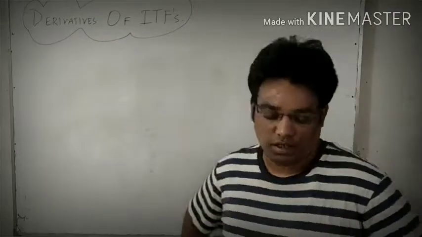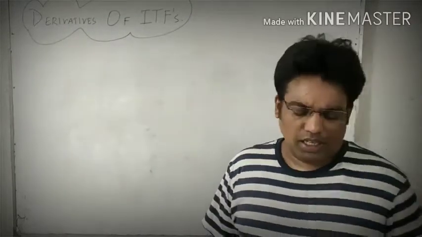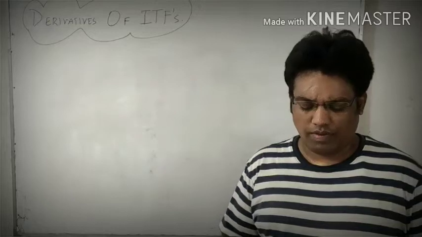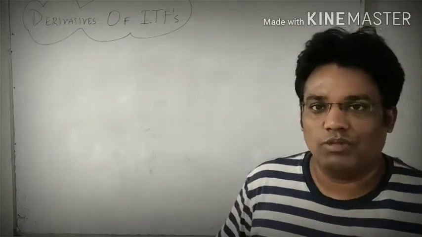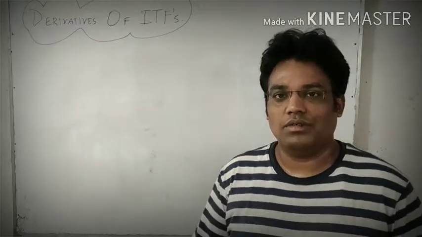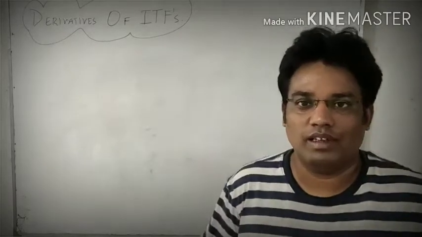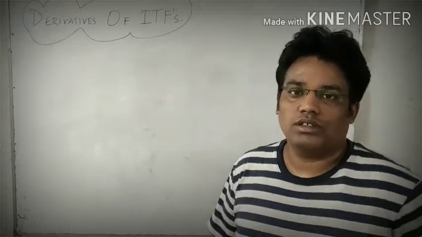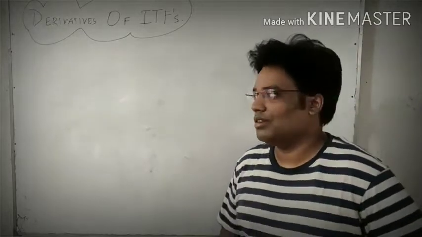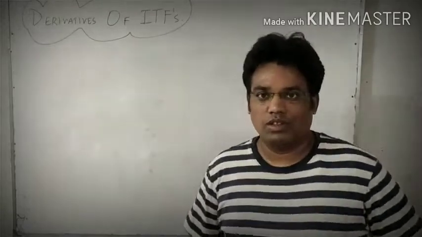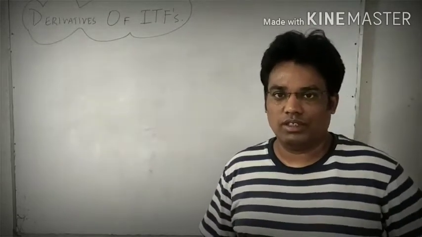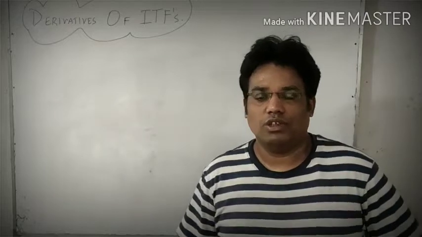Let's find out that. So when it comes to inverse, you have so many things to discuss, so many properties, like one-one function, onto function, so many things are there. That's not necessary here because we are dealing only with derivatives of inverse trigonometric functions.